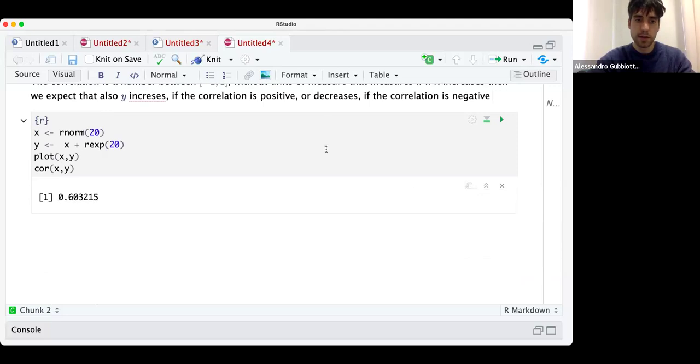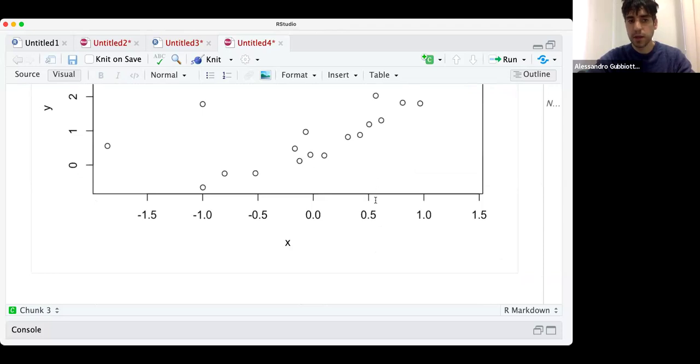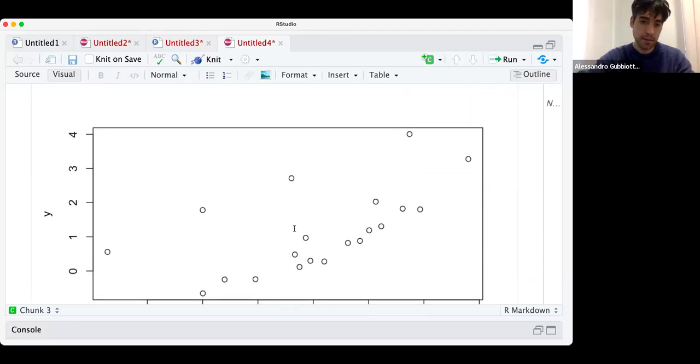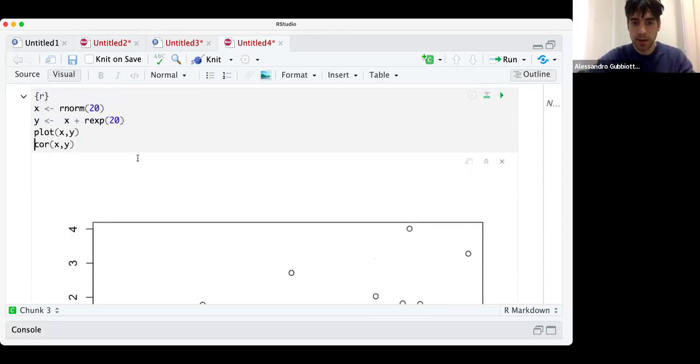So, for instance, here, if x is bigger, we expect y to be bigger because I've generated it.